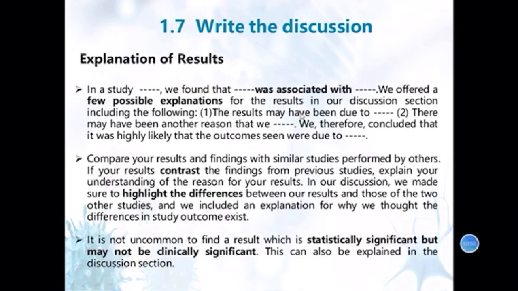The results may have been due to this first reason. Second, there may have been another reason. Therefore, we conclude that it's highly likely the outcomes seen were due to this.